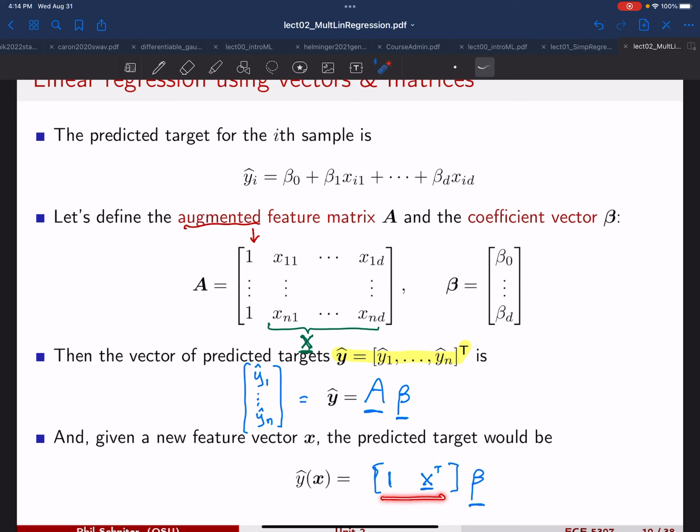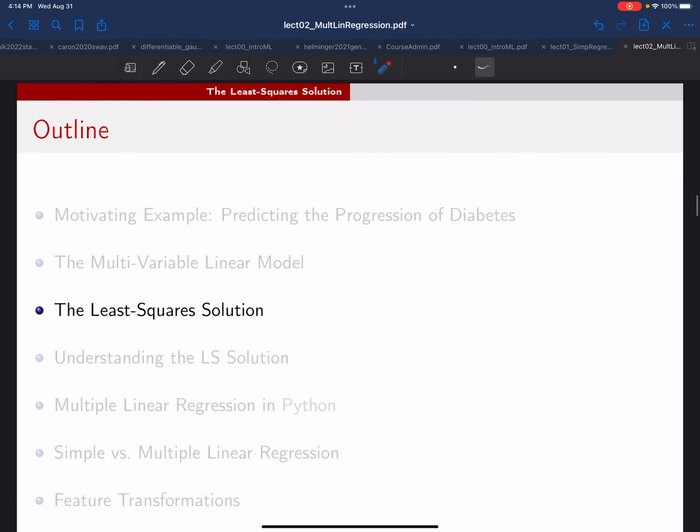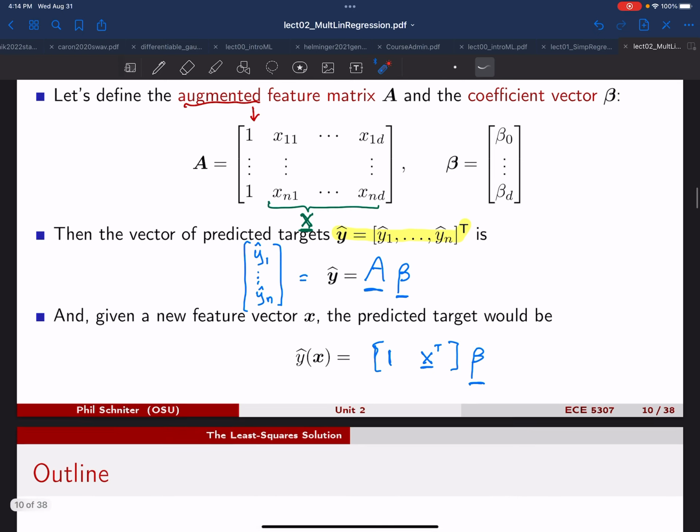So this is a longer row vector, and we can multiply that by beta to get this scalar prediction. Okay, so that's sort of the setup, just describing some of the linear algebra to make things concise and easy to work with. And then we can move on to how exactly we do the computations to find out the optimal beta.